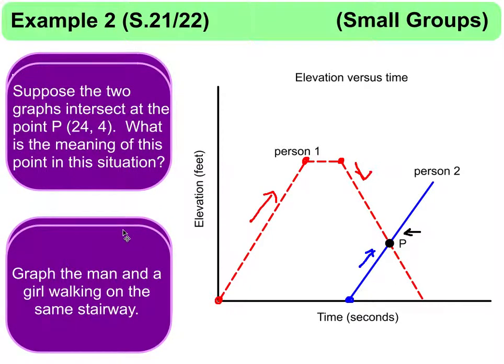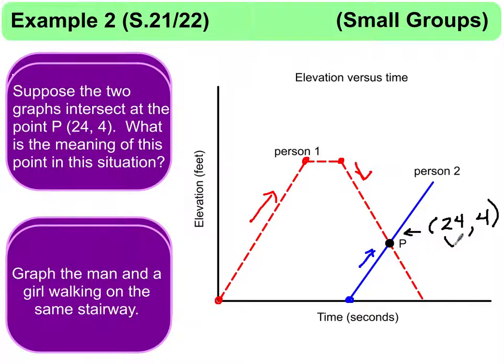Then a theoretical question comes up saying, suppose the two graphs intersect at point 24, 2. Now, we didn't actually look in the video as the timing, but let's just say point P is 24, and then 4. What is the meaning of this point in the situation?